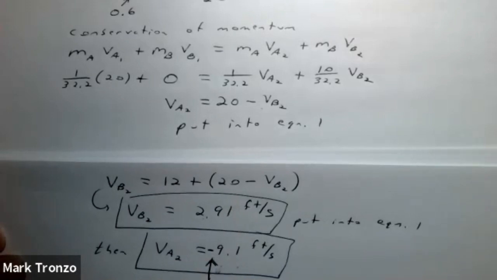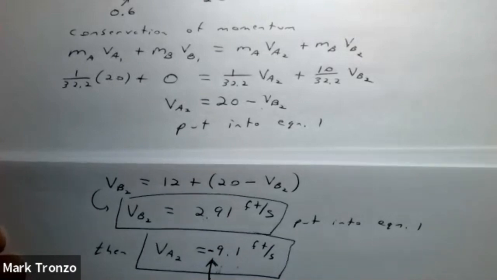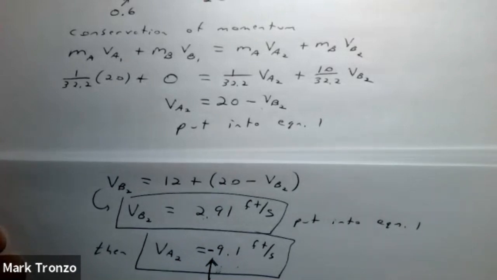So what we have then after the impact, A is moving to the left at 9.1 feet per second, because that's negative. And then B is moving to the right at 2.91, sorry, not meters per second, feet per second.